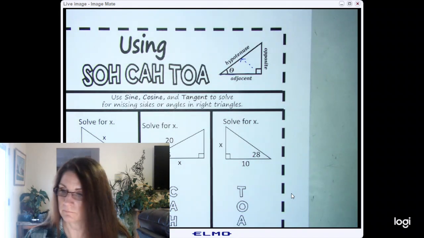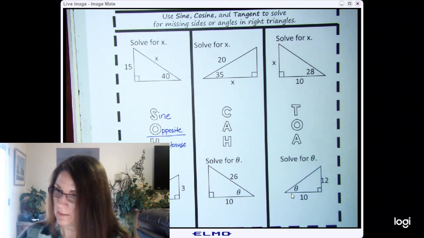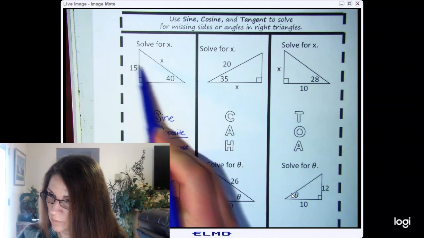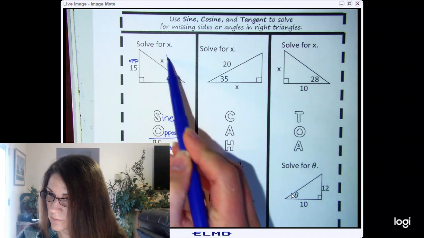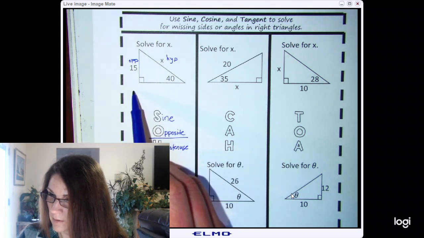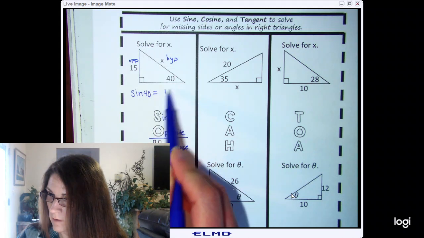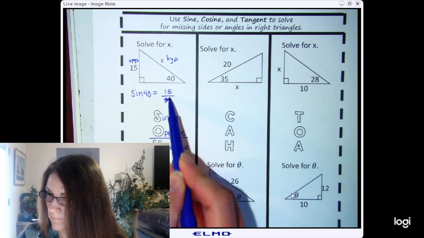There's the opposite. When I come over here, it says solve for x. Here I have my angle degree of 40. I happen to know the side opposite of it, and I need to know the hypotenuse. Then I say the sine of 40 is opposite over hypotenuse.